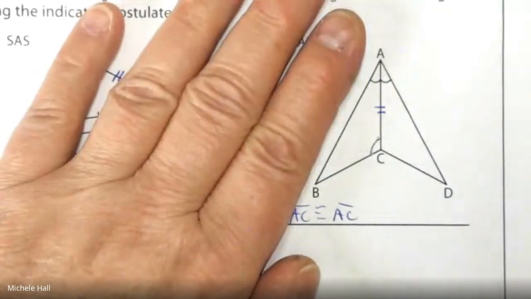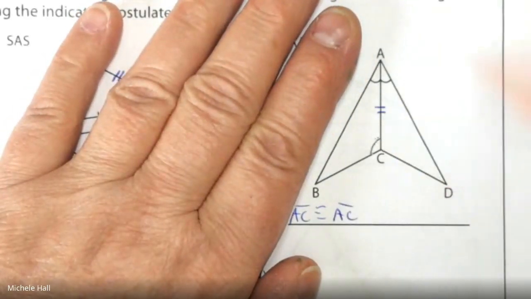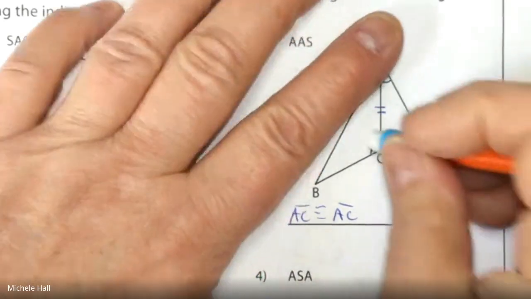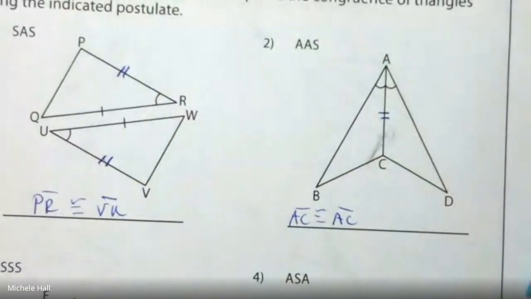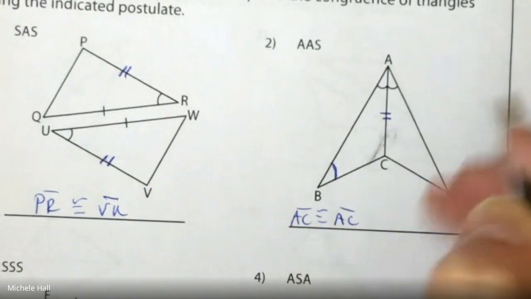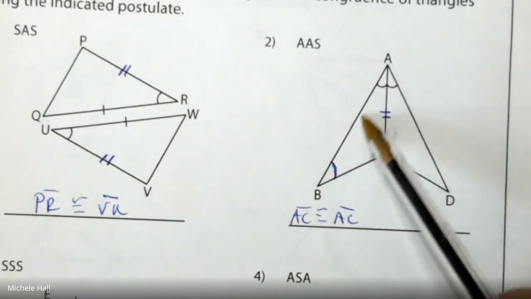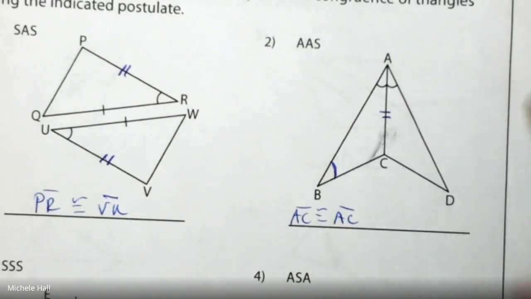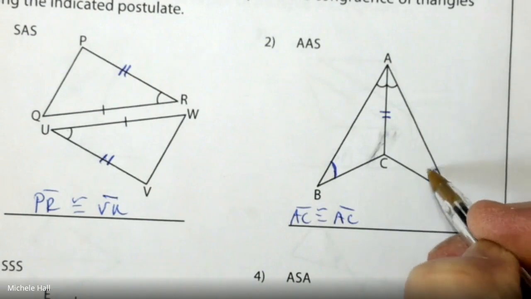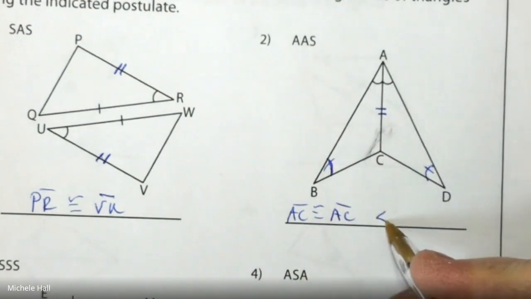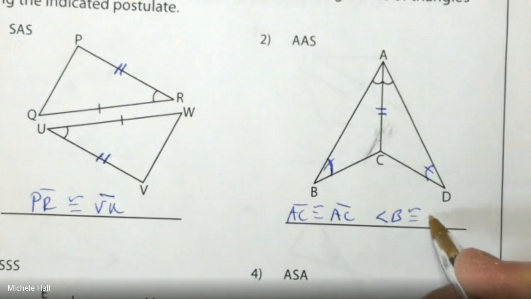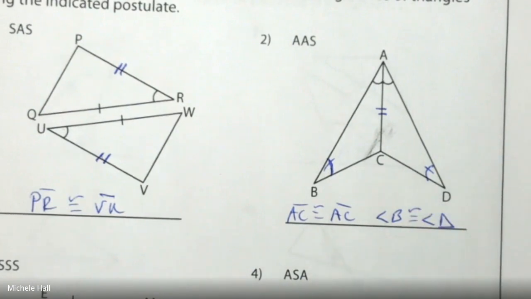If I put it there, what would it say? It'd say angle, side, angle. So it can't be that one. It has to go over here so that it goes angle to the very next angle and then the side. So we would say angle B is congruent to angle D. Now I have those 2 triangles being angle, angle, side. Okay, try the next couple.